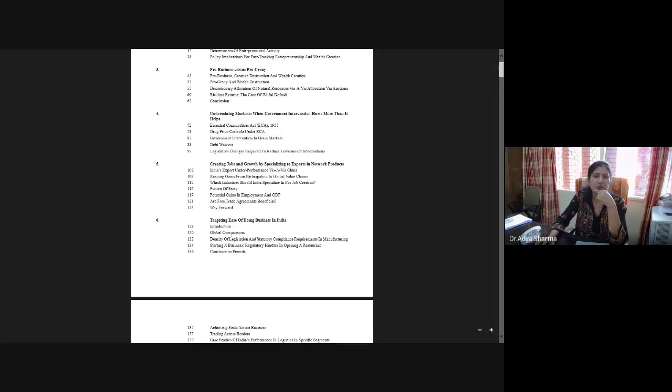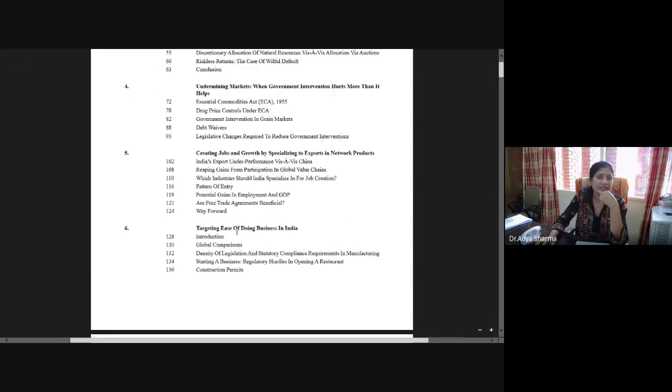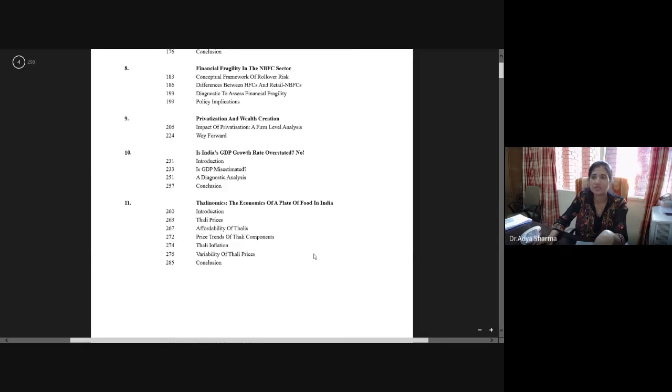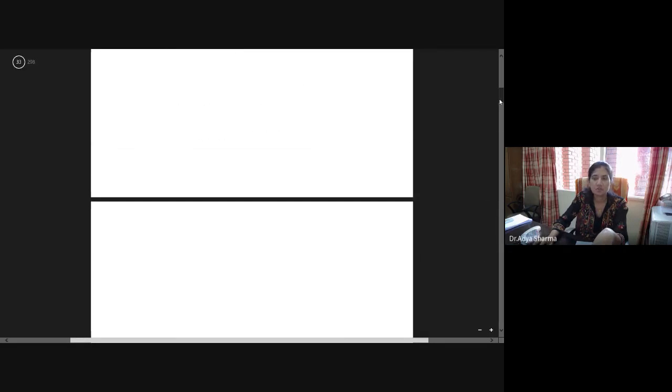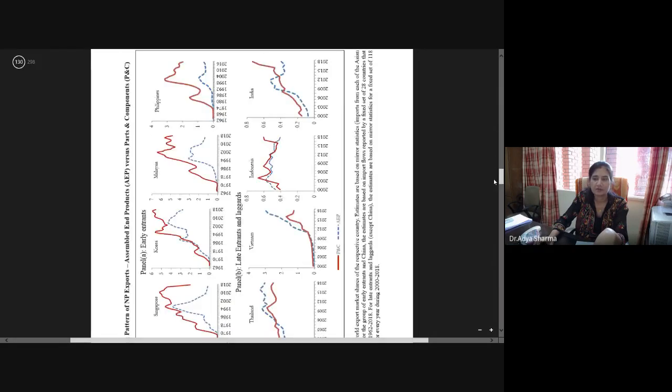And this talks about targeting ease of doing business in India, and it says case studies of India's performance in logistics in specific segments. This is page number 139. Let me go to page 139 and show you what we are talking about.